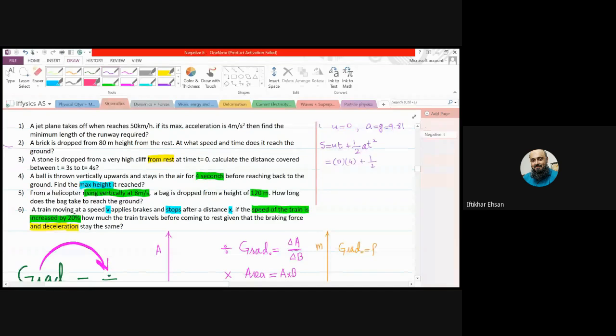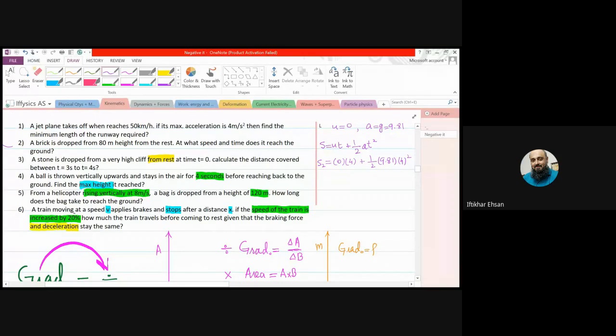Acceleration will be 9.81 and again the time will be 4 seconds. So is that all? So that is for the distance at time equal to 4 seconds. Then we will subtract from it the distance when time was 3 seconds.